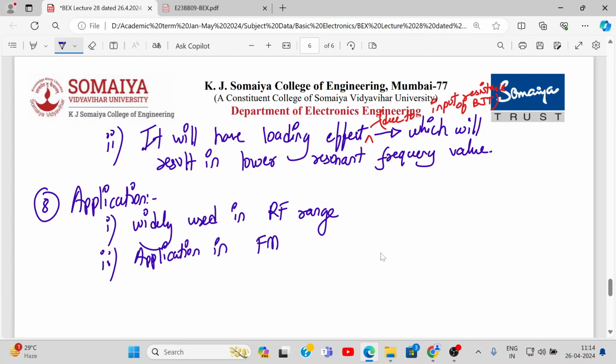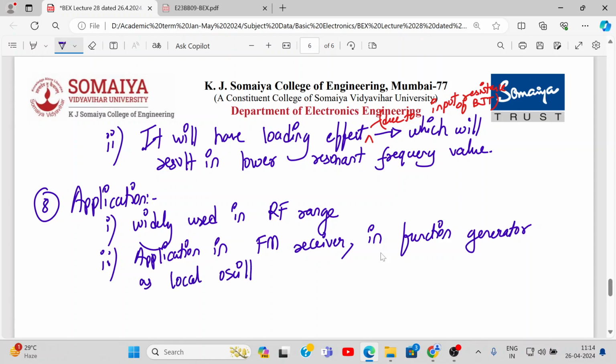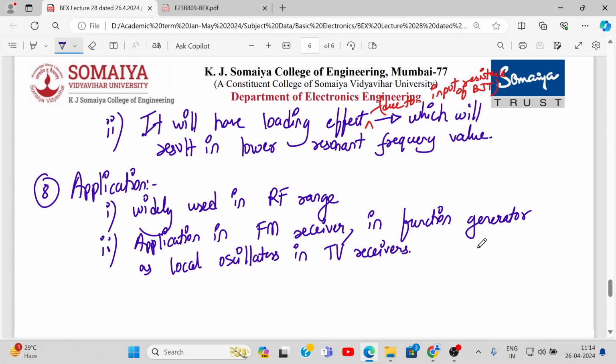FM, you know what it is, right? FM receiver. In function generators. In your lab, you must have seen a function generator and a CRO, right? And as local oscillator circuits in television receivers. So the Hartley oscillator actually has applications in these domains. Okay, and that will be the end of lecture number 1.